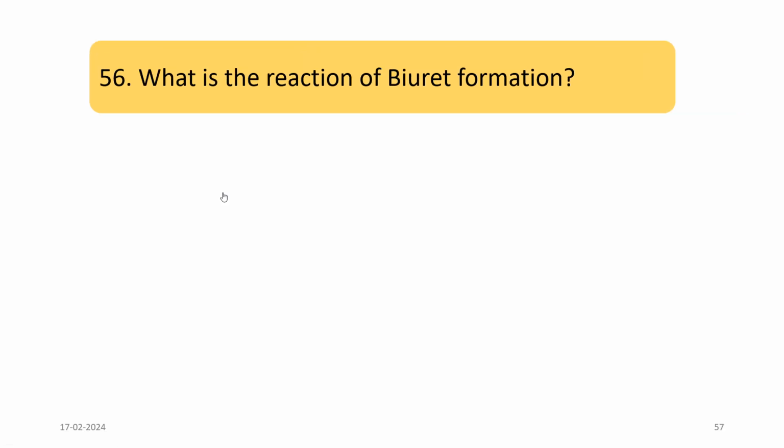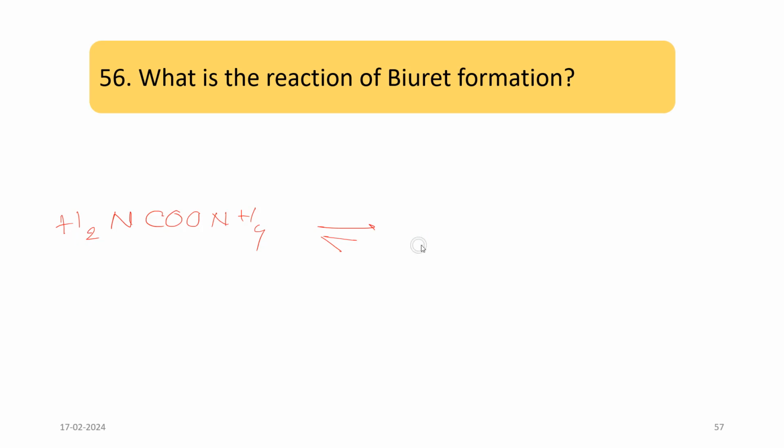Next is what is the reaction of burette formation? So we formed carbamate, right? So carbamate is this. It decomposes and produces urea, but when the temperature is maintained high in the reactor, it doesn't form urea.